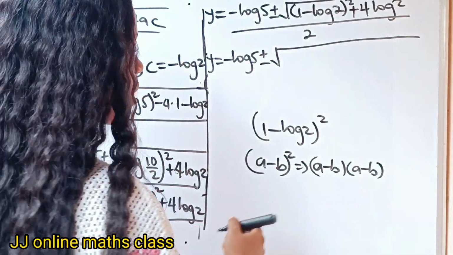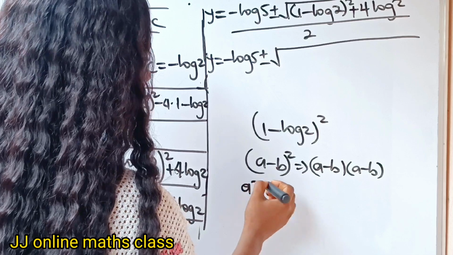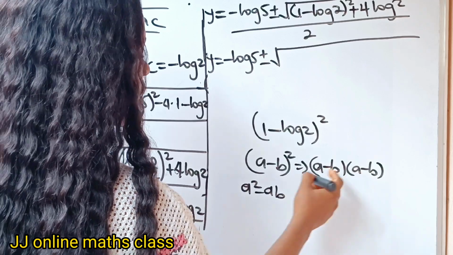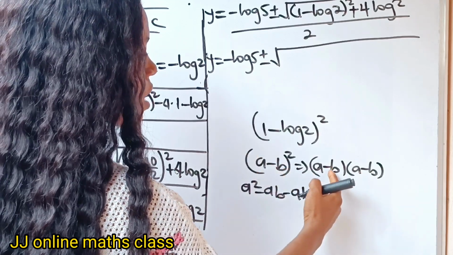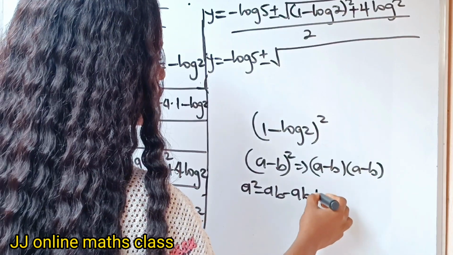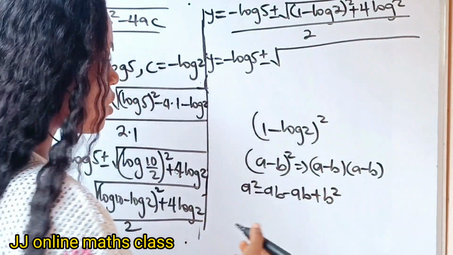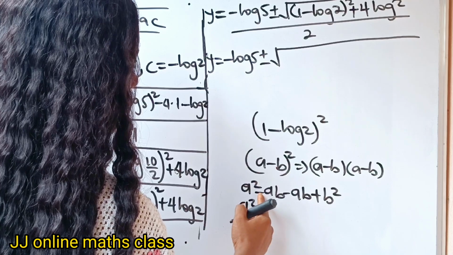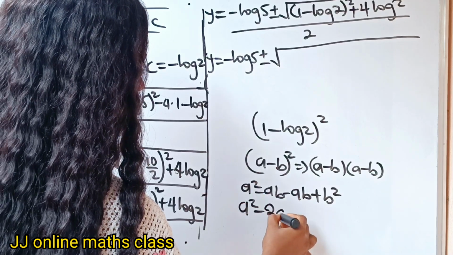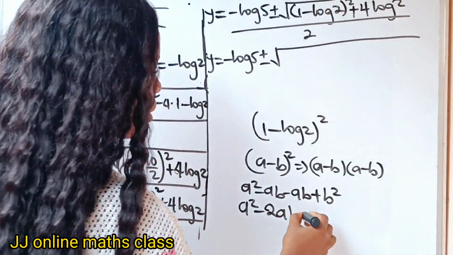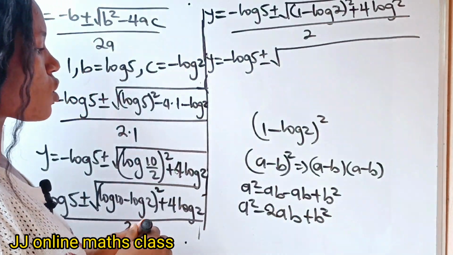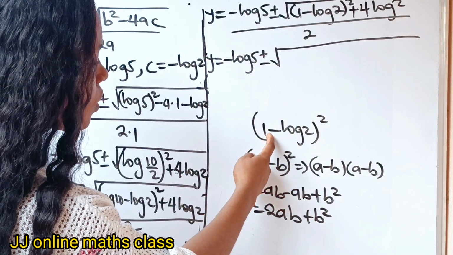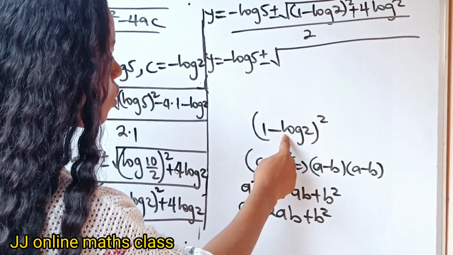So if we expand this, a times a will give us a squared, a times minus b will give us minus ab, minus b times a will give us another minus ab, and minus b times minus b will give us plus b squared, right? So if we solve this, we are going to have a squared minus 2ab plus b squared. So if we have something like this, in this case our a is 1 and our b is what? Log 2.